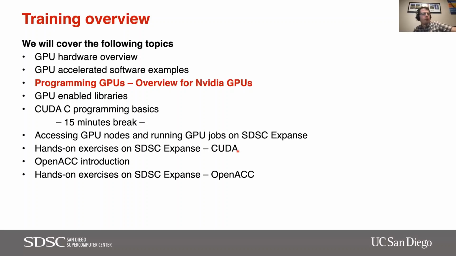Okay, so I now have a little bit of an overview of GPU architecture, how we can speed up certain codes, and examples that were very successful. What we're going to do now is start looking at how we can actually program GPUs.